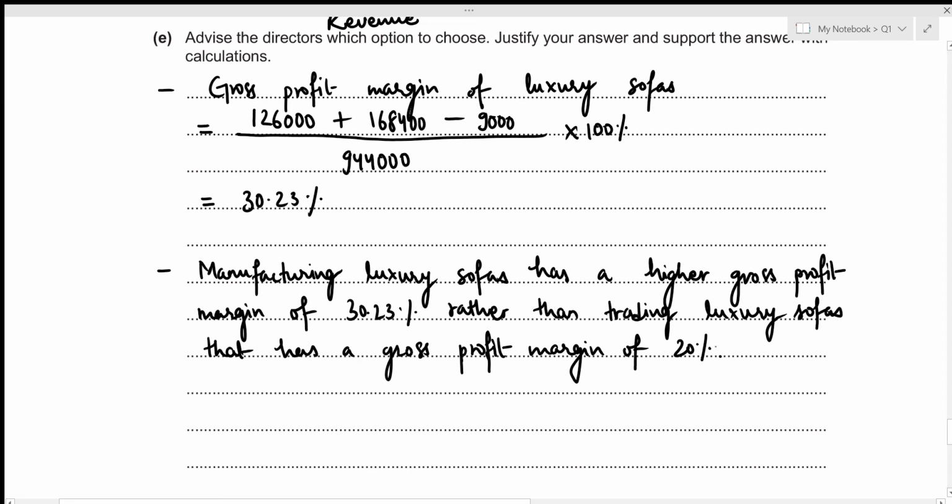And if we are to buy in the luxury sofas, then we definitely have to cease our production, right? And ceasing production would incur costs such as redundancy, because we would have to let go of our employees and let go of the machinery as well, which would be costly for G Limited. Let's write it down. Ceasing production would incur costs such as redundancy.